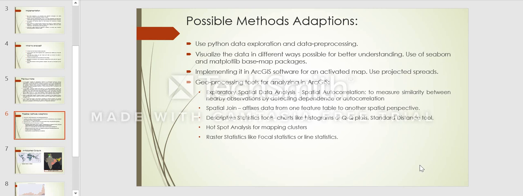Also, since we would be having more than one data set, I would be using a spatial join, which is used for affixing the data from one feature table to another spatially, so that we can combine the different data sets based on a single attribute in the table.